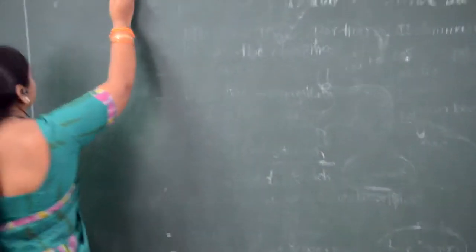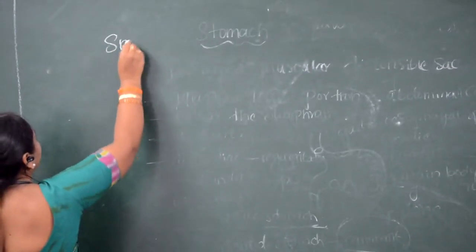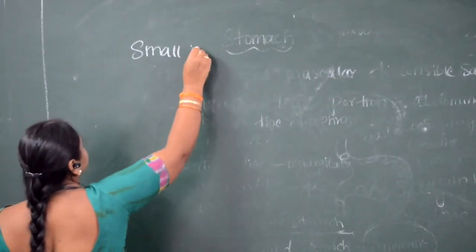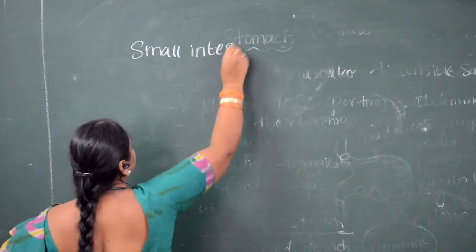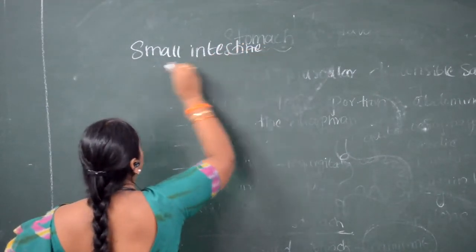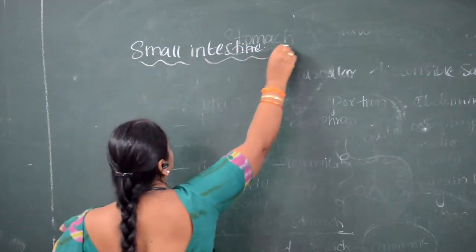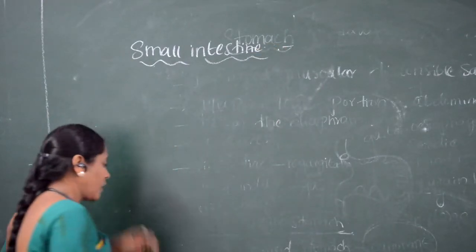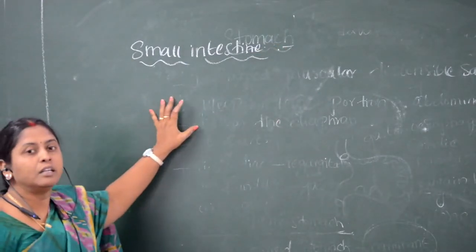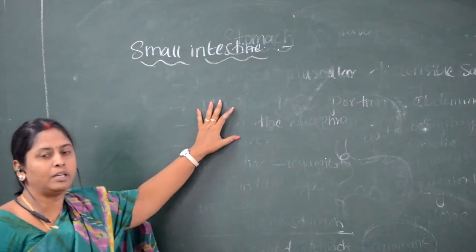The next part in the human digestive system is the small intestine.